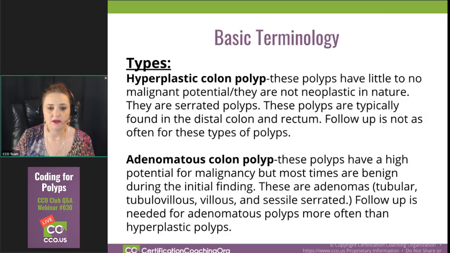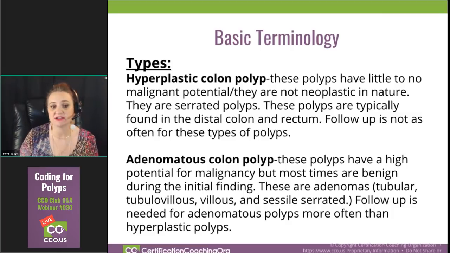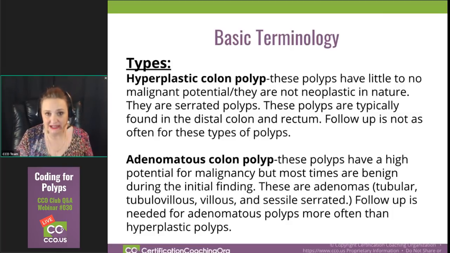And the other type is, let's see, I've got to say that with the right accent in the place, adenomatosis. That's probably a better way to say it. So that is polyps in the colon that have a much higher chance of being malignant.